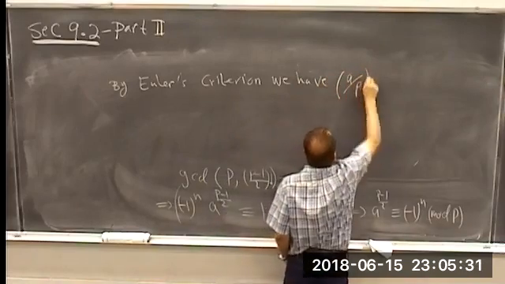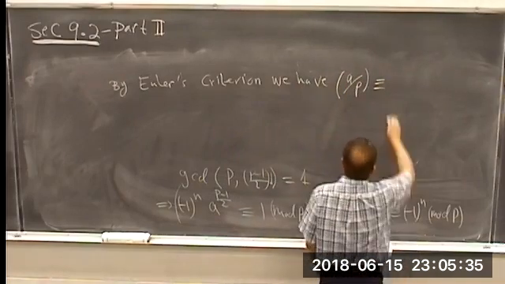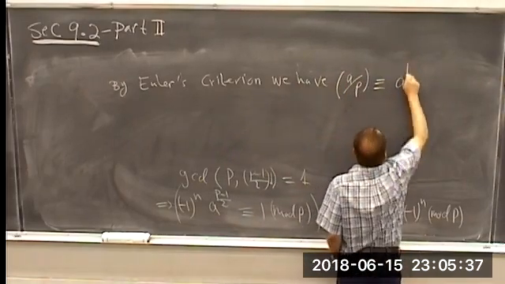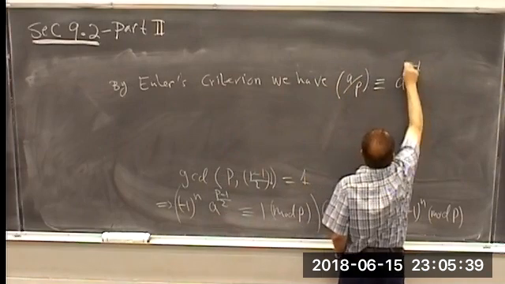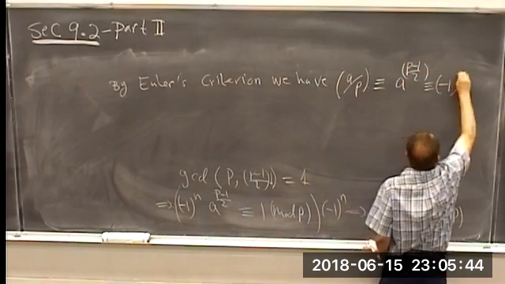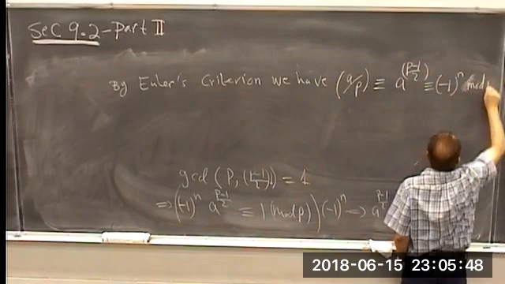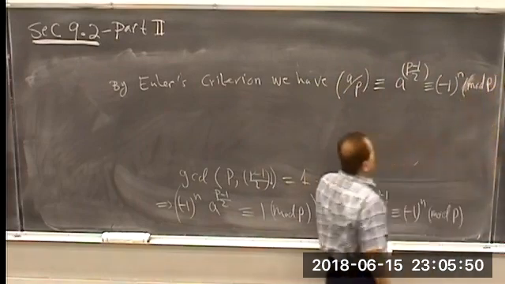A over B is congruent to (A or B minus 1) over 2, which is congruent to (minus 1) to the n mod B. Again, we use this argument again.